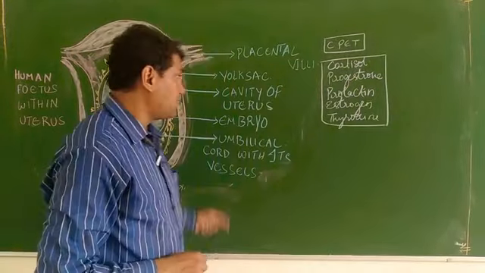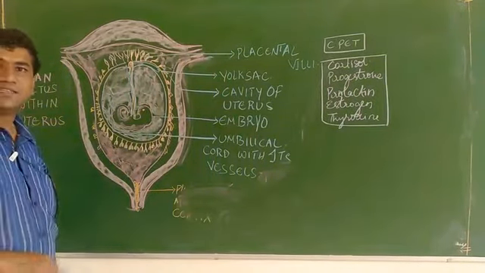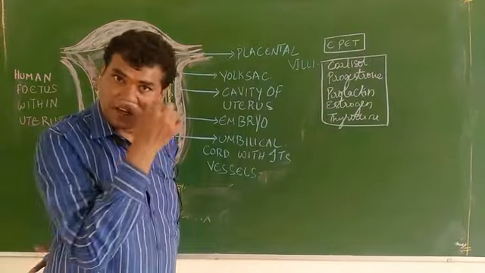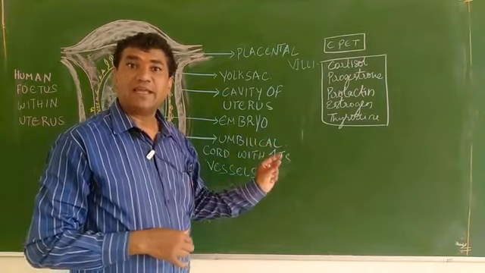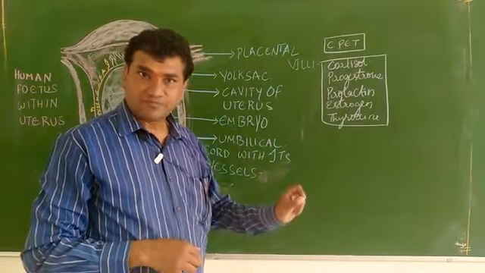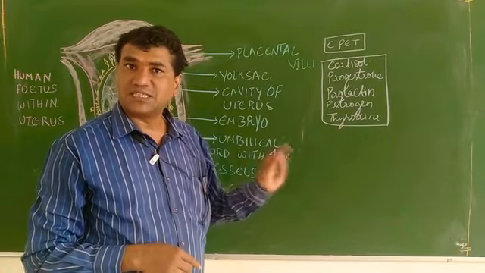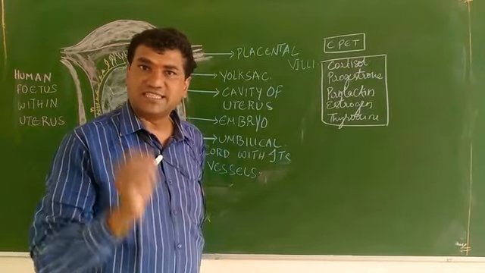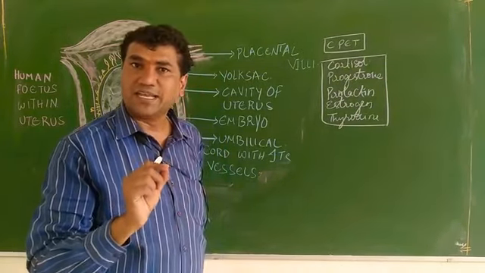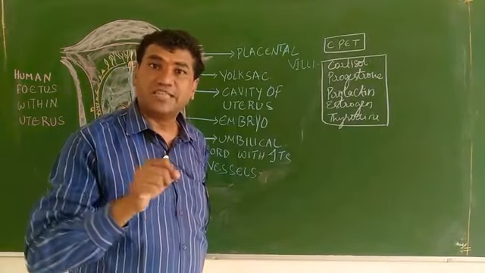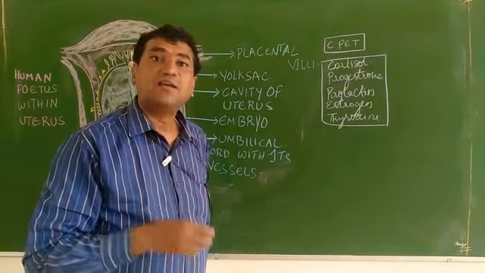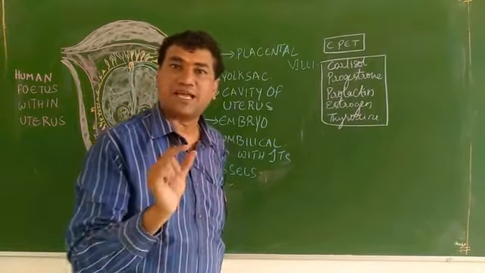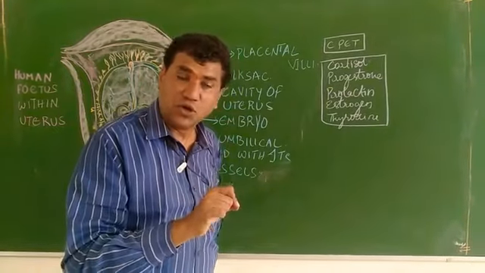So this is how the development takes place after implantation. Once the zygote is implanted, it is first converted from the zygote to the morula, that is the 8 to 16 cell stage, and from the 36 cell stage to the 64 cell stage it is called the blastocyst, containing blastomeres. The cells present inside the blastocyst are called blastomeres.